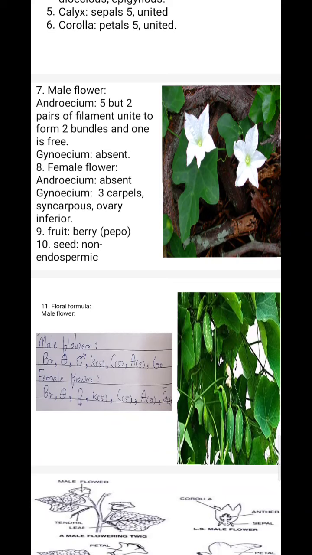Then the corolla, 5 in number and united or fused, so it gets a bracket. In females the androecium is absent, so you give 0 in bracket. And the gynoecium is 3 in number, united or syncarpous, with an inferior ovary.